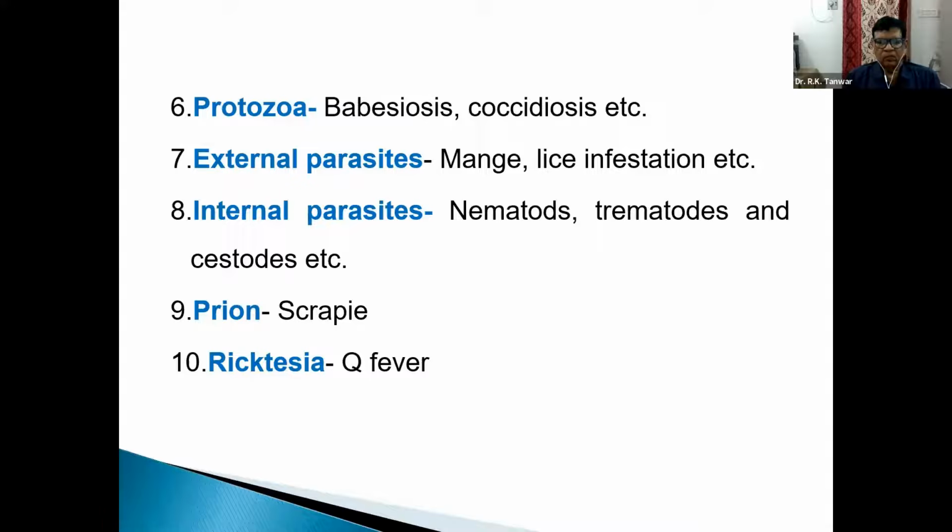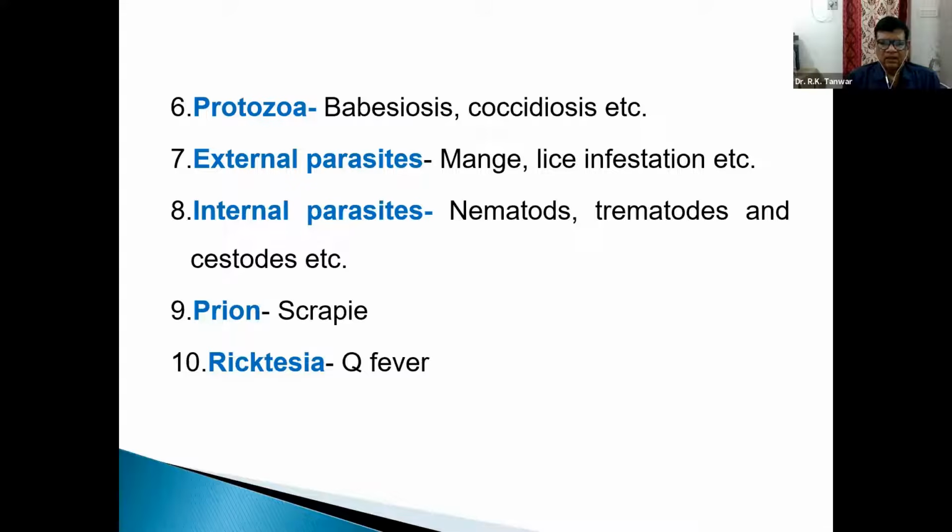Then, as far as protozoa are concerned, we have a problem of babesiosis. Particularly, I have seen cases of Babesia taylori, and coccidiosis is a problem of young ones because it is a self-limiting disease in adults.